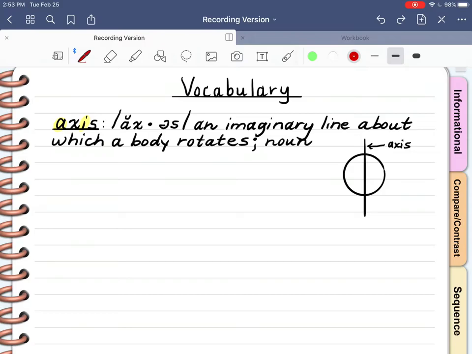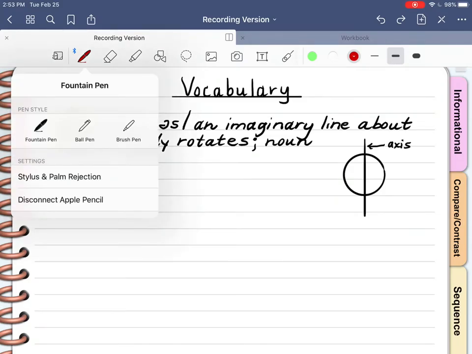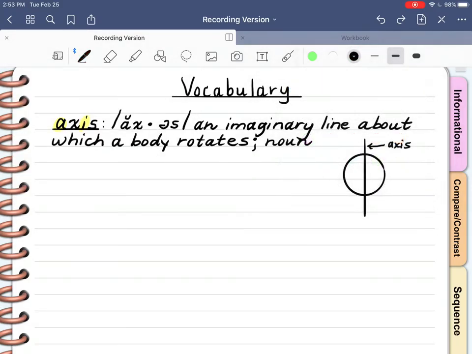Okay, the next word, I can't remember what is next in order, so it is galaxy. Galaxy. So this one, let's count our vowels and that will give us an idea about the syllables.